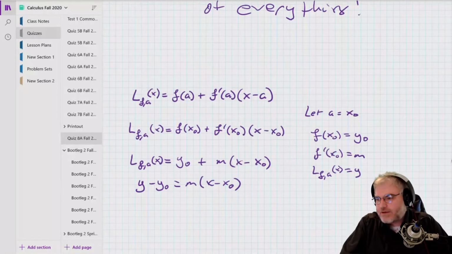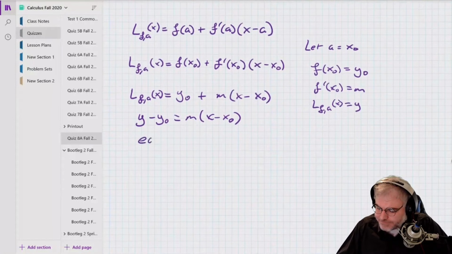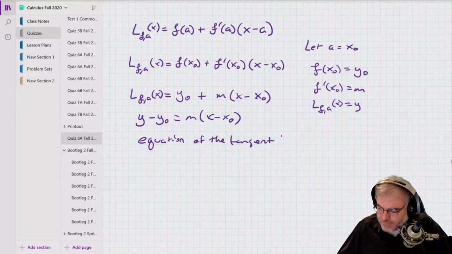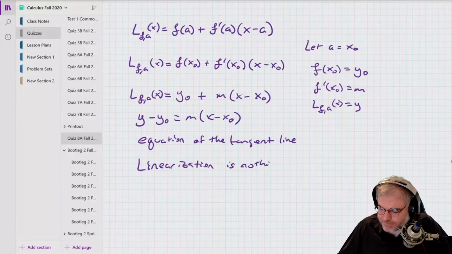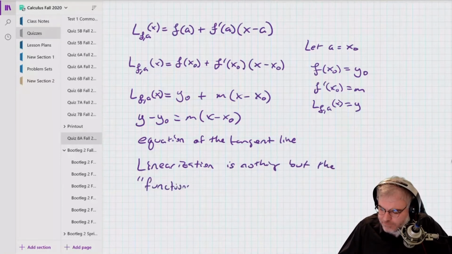In particular, this is the equation of the tangent line. In other words, the linearization is nothing but the functional form of the tangent line.